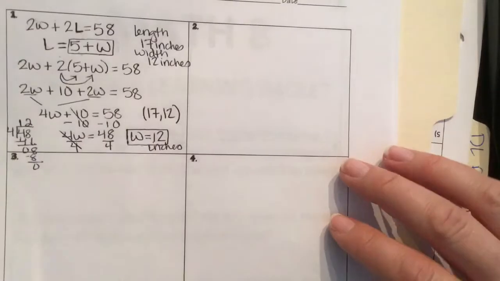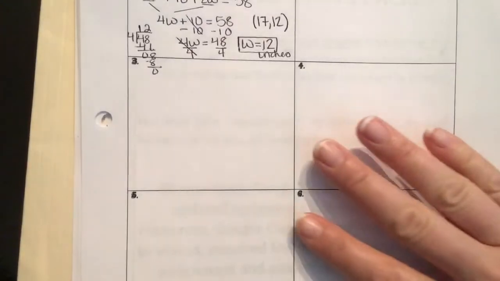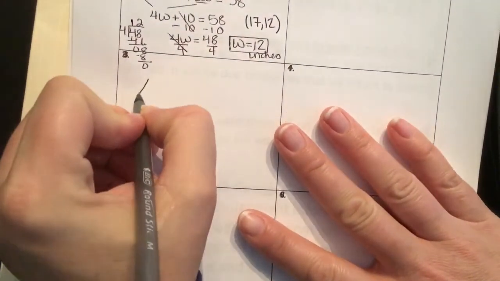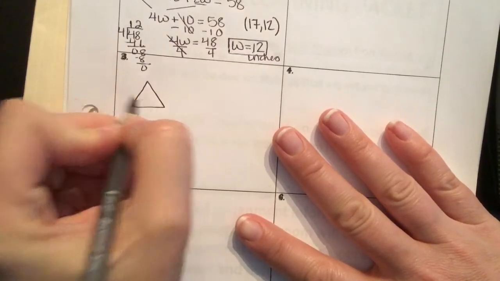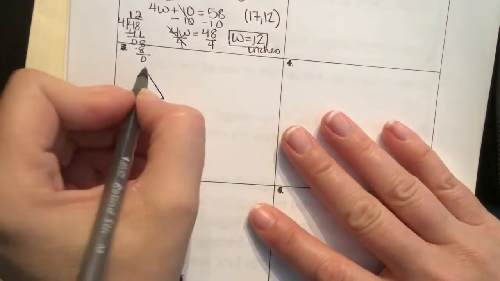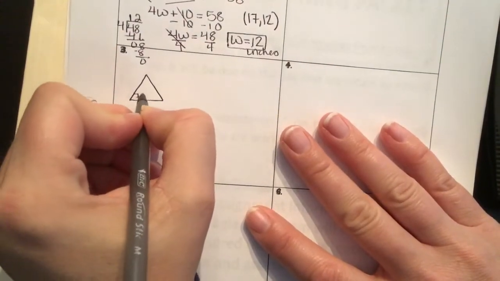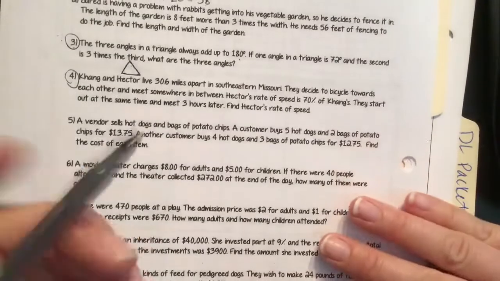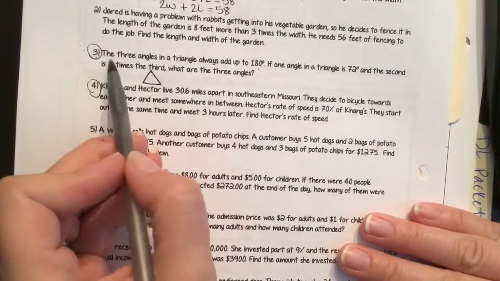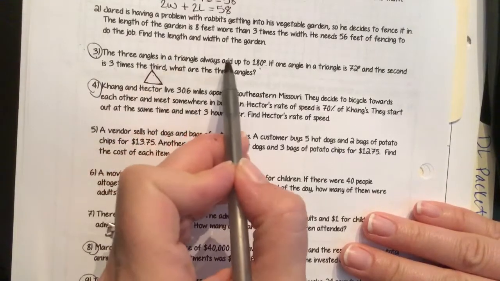So let's go to number 3 and let's draw a triangle. It said one of the angles is 72 degrees. So I'm just going to go ahead and put that in one of the angles. Now it says the 3 angles in a triangle always add up to 180.